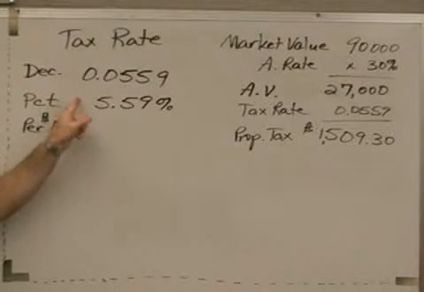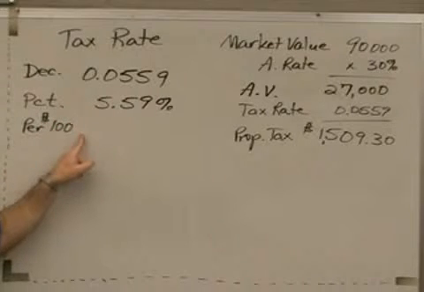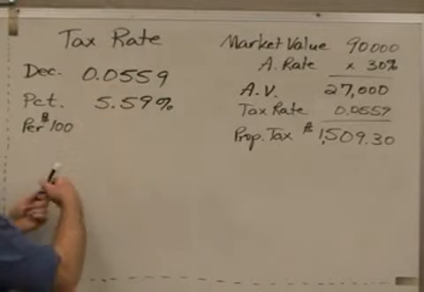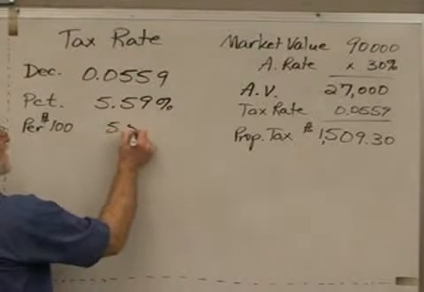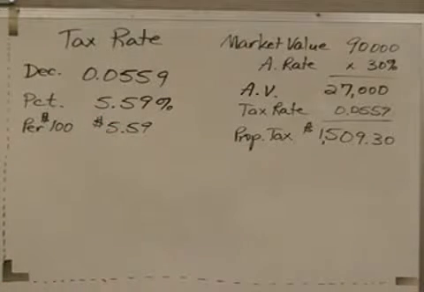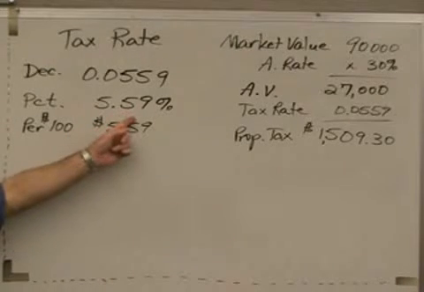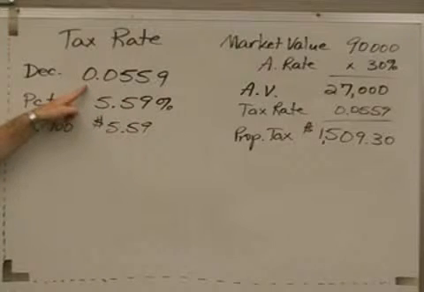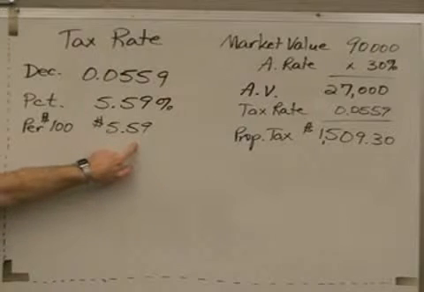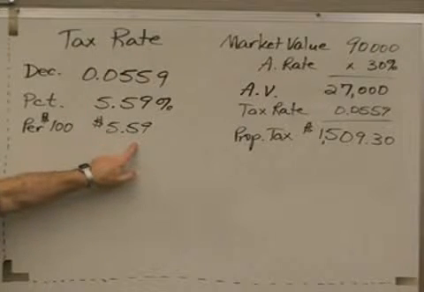So to convert from percentage to per $100, it's really the exact same numerical value. We just drop the percent sign and stick a dollar sign on the front of it. Okay, so 5.59% is the same as this decimal, and that's the same as saying we're going to pay $5.59 per $100. All right?